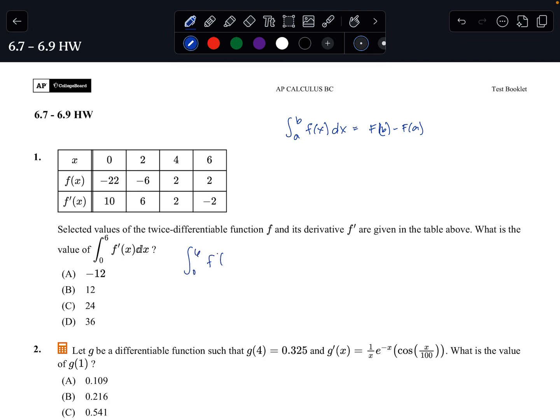This is f prime of x dx, and that's going to be equal to the antiderivative of f prime, which would be f of x, but specifically f of 6 minus f of 0. And so what I need from this table is just f of 6, which is 2, minus f of 0, which is negative 22. So that's going to come out to be positive 24, which is C.